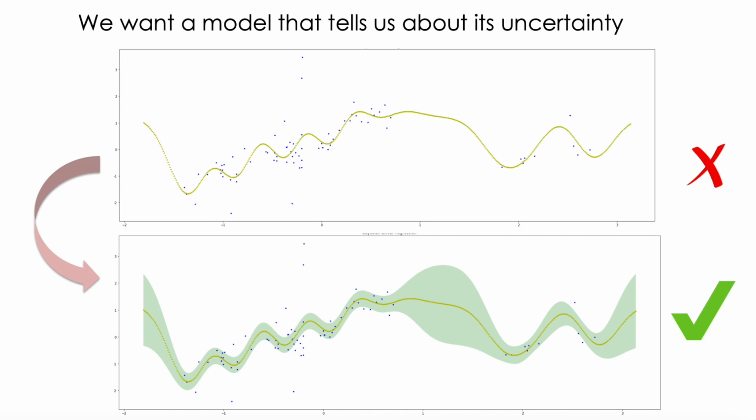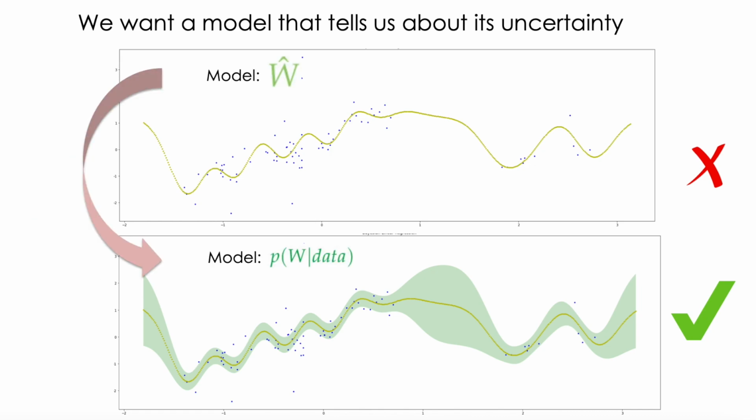So in zones where the green areas are bigger or wider means that the uncertainty is bigger and there are many possible models that could fit in there. From a math perspective, this means that instead of having just one W or theta as a set of parameters, we're going to have a distribution of parameters.